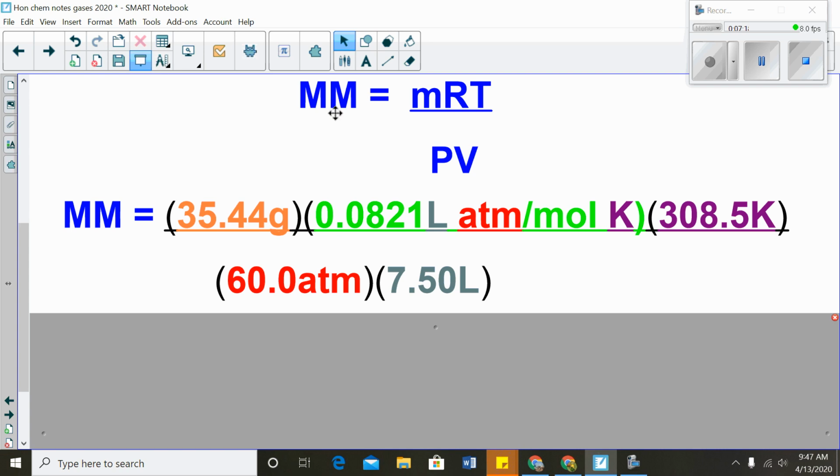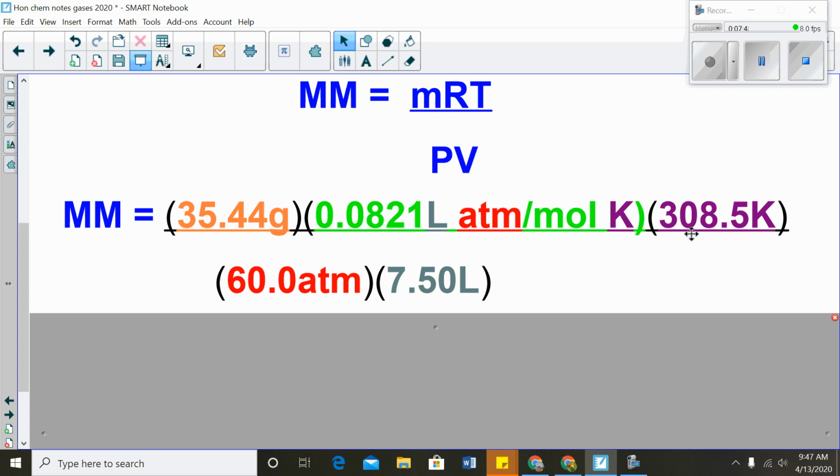So, MM, right? That's what we're solving for, molar mass. M is mass, 35.44 grams. That's my orange color. All right, the R was chosen based on the atm of pressure. So the R that I picked was 0.0821 liter atm over mole K. So yes, you need all those units because they're going to help you cancel.